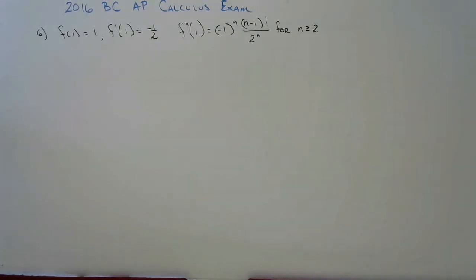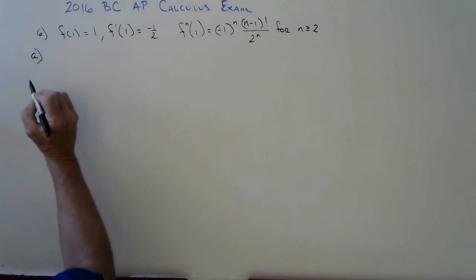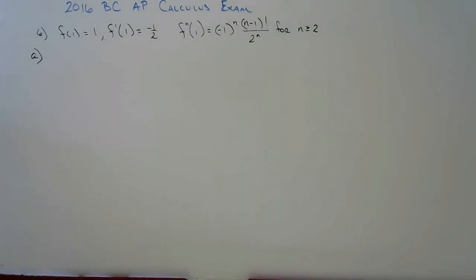Part A says, write the first 4 non-zero terms of the Taylor series for f about x equals 1.